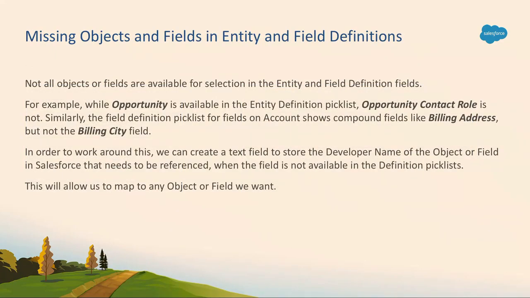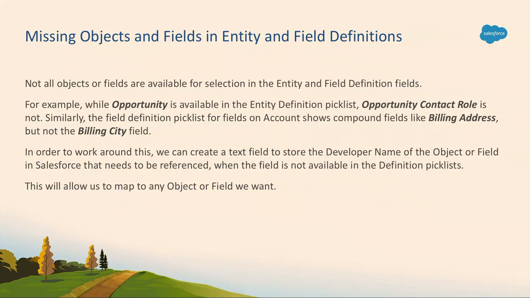One thing to note, and you'll see it as we work through the demo, is that there are some objects that are not going to show up in the entity definition fields, as well as the field definitions. So, for example, you're going to be able to select the opportunity object, but not opportunity contact roles.